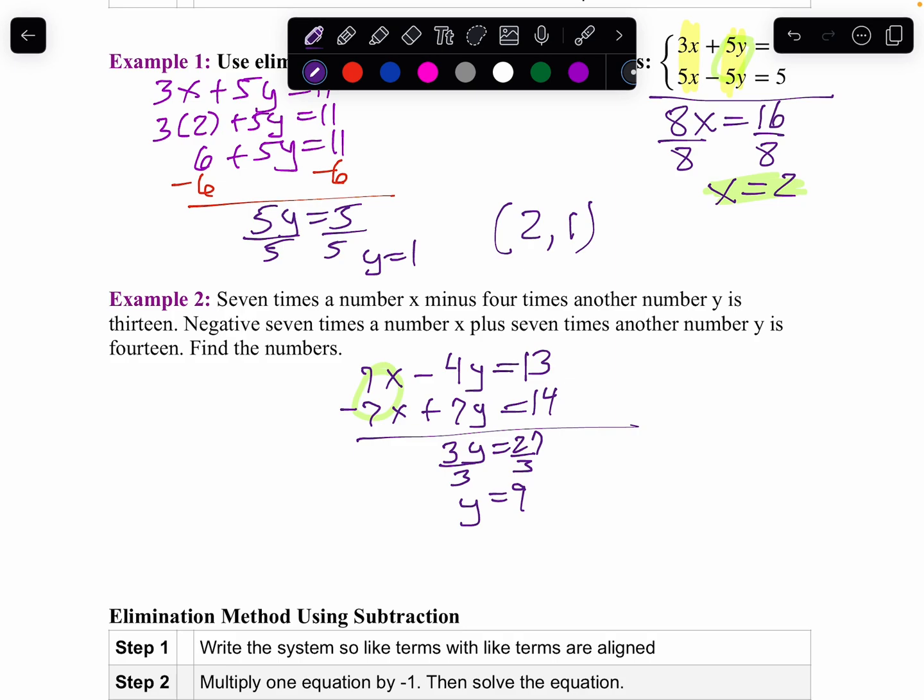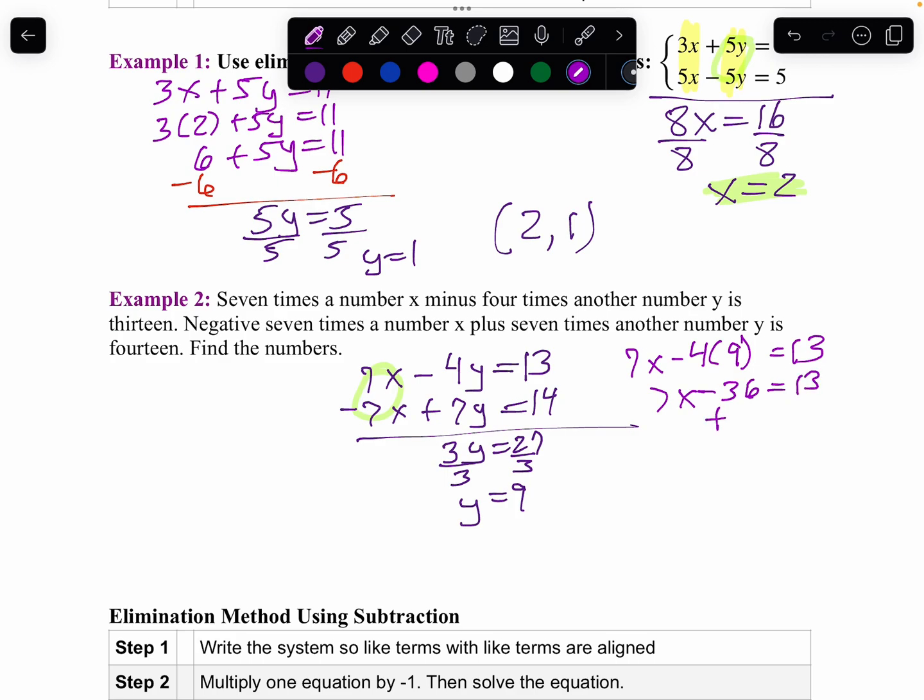Now, let's use my first equation again. I'm going to say 7x minus 4 times 9 equals 13. Or 7x minus 36 equals 13.